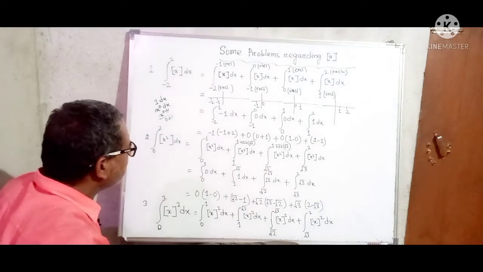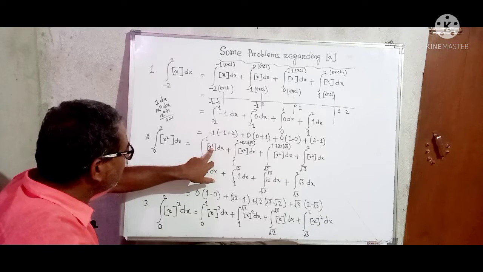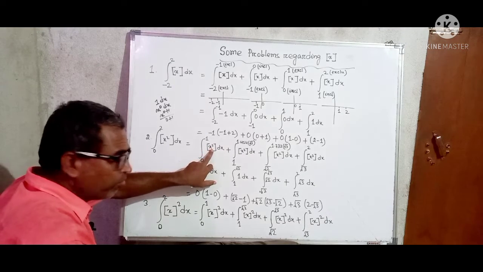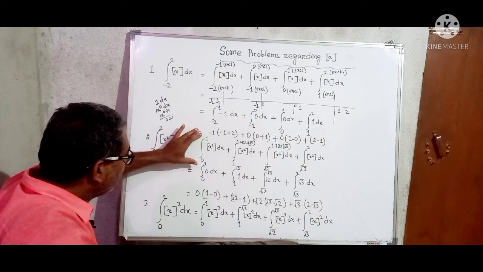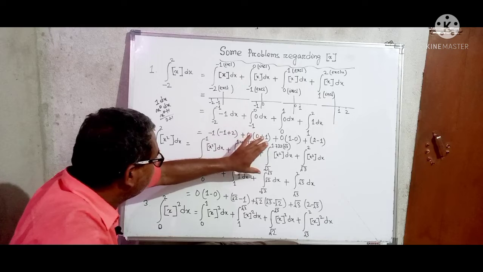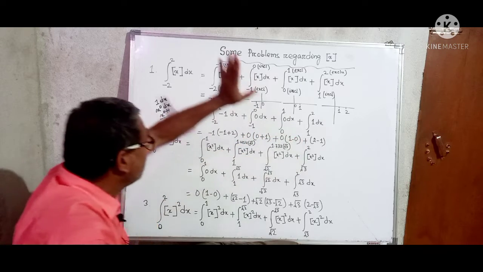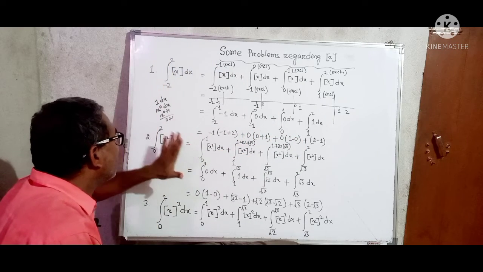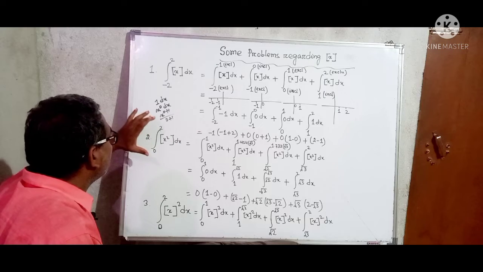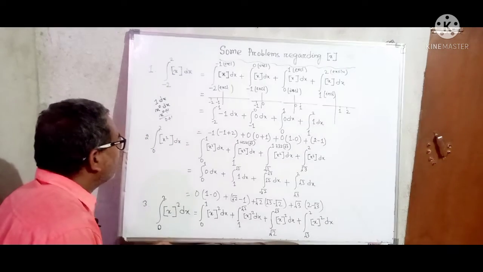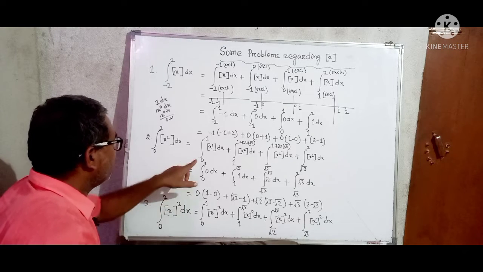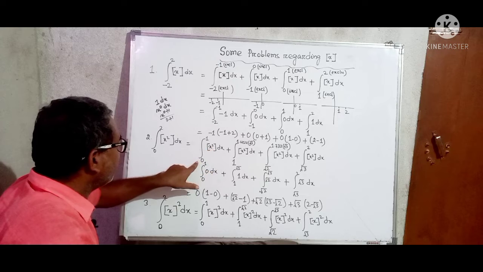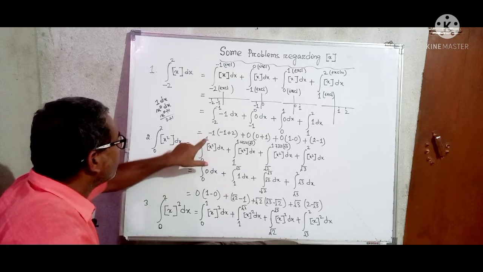Why? Because the value of x square is continuous in these intervals. That is why I have resolved the intervals, for your convenience. Okay, 0 to 1, this is continuous. You see the value of x square starting from 0 to 1.